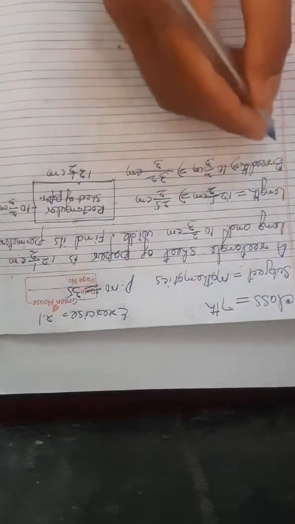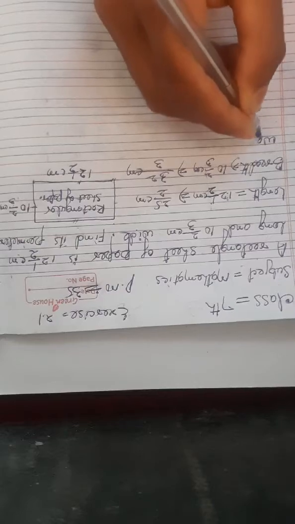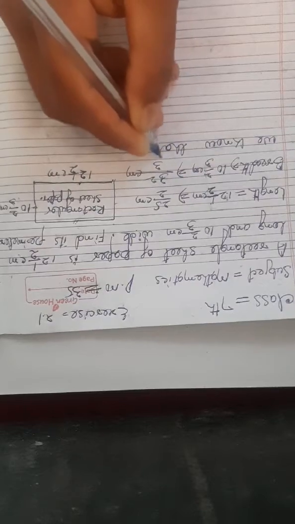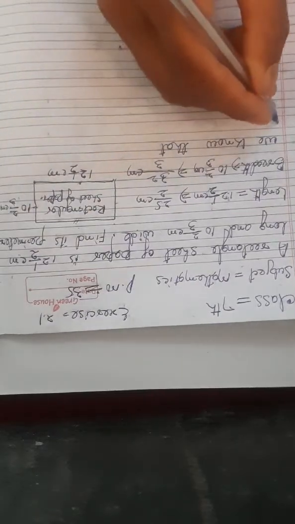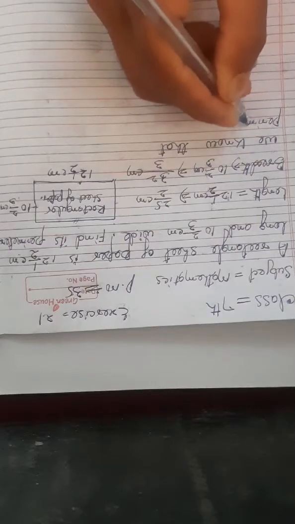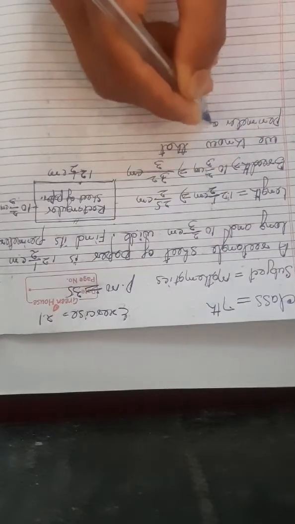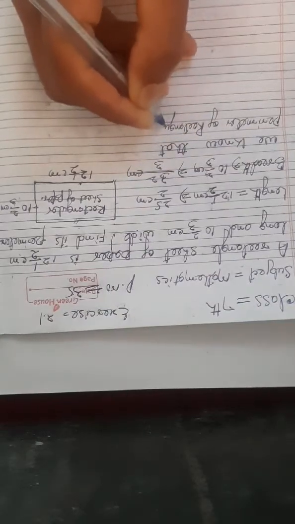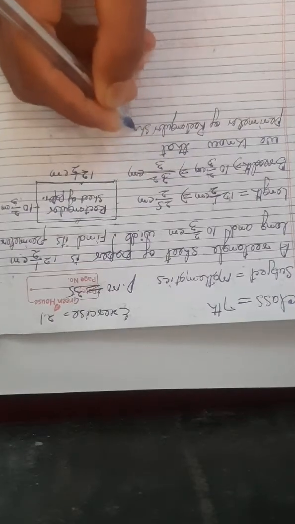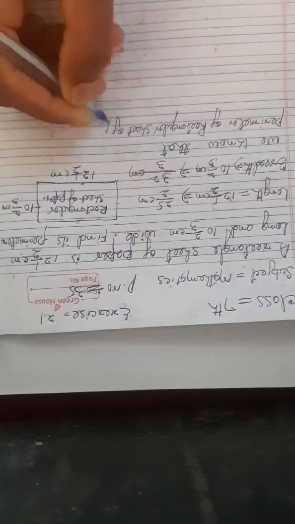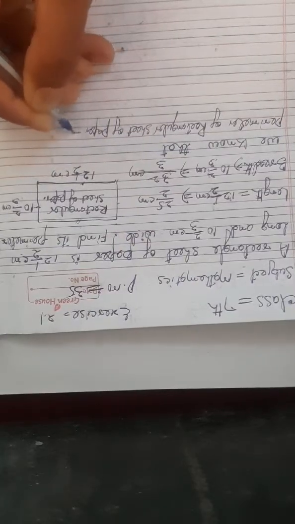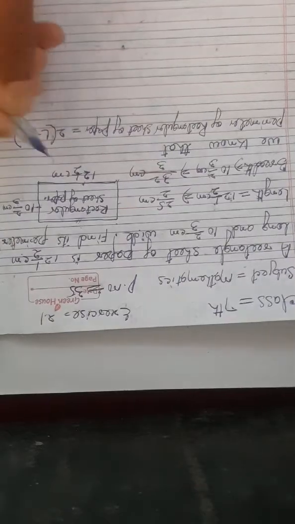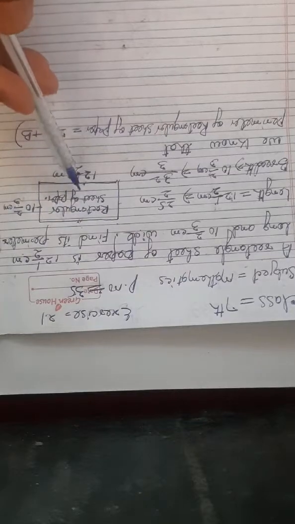After this, see how we will solve this question. We know that the perimeter of a rectangular sheet of paper is equal to twice length plus breadth. If we see this figure, this is a rectangular sheet.